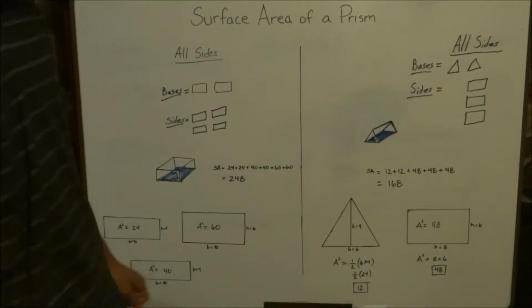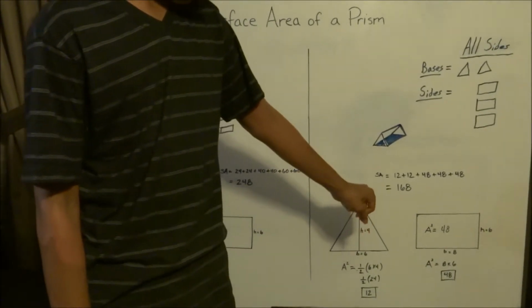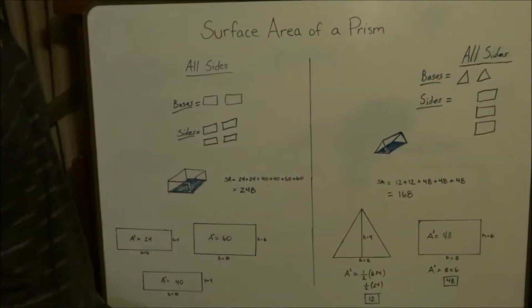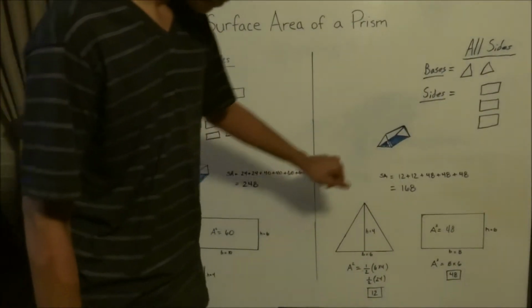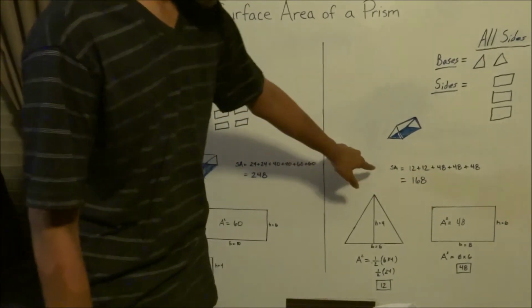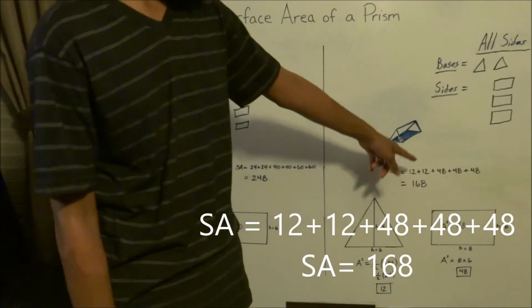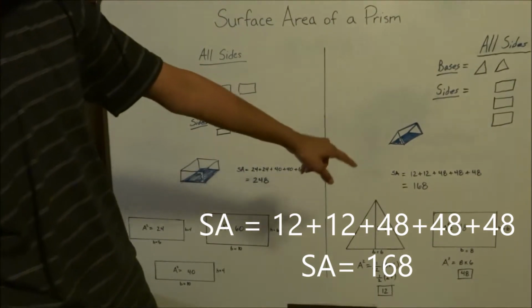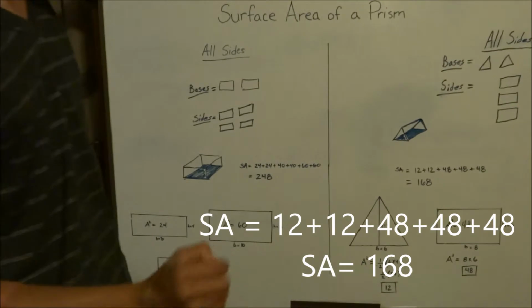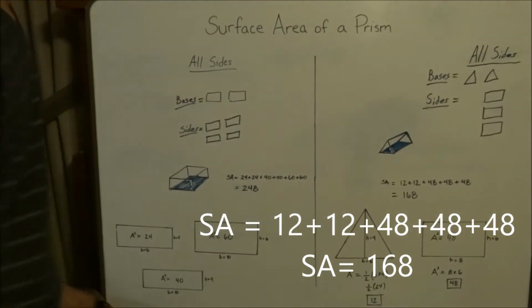So 8 times 6 is 48, and you multiply that by 3 because there are 3 rectangles in the entire prism. So your final equation will end up as the surface area is 12 plus 12 plus 48 plus 48 plus 48, which equals 168. So that would be your final answer for the surface area of this triangular prism.